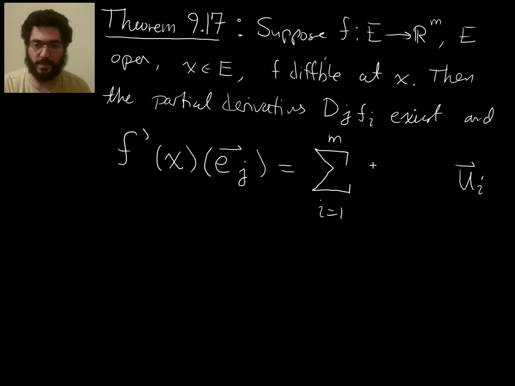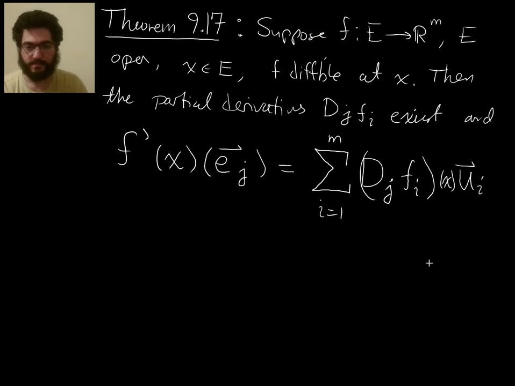So here's what theorem 9.17 is going to tell us, that d_j f_i of x is what goes here. Okay, so let's prove this.